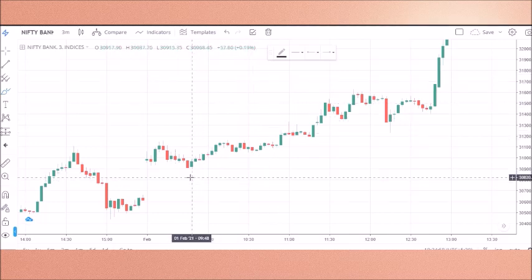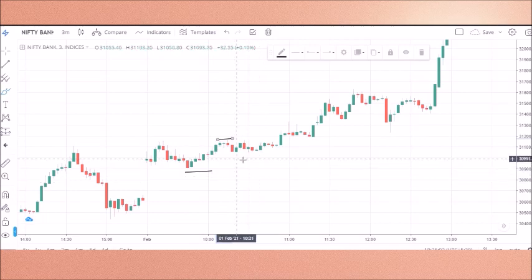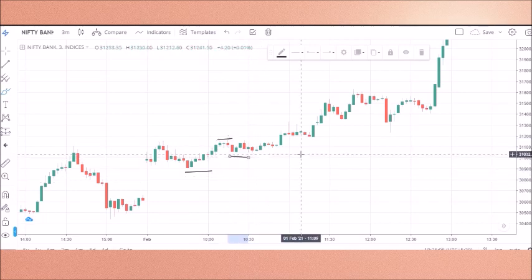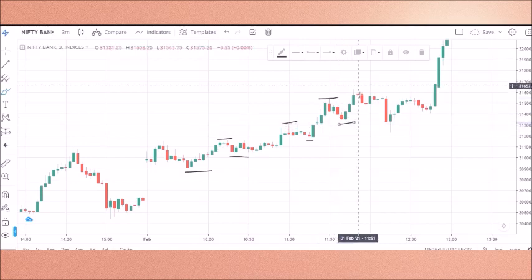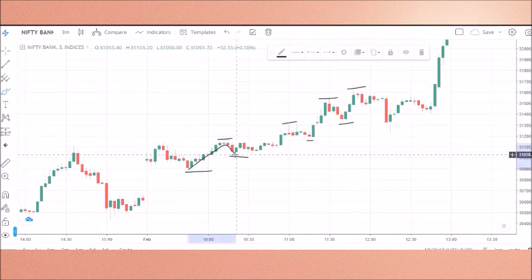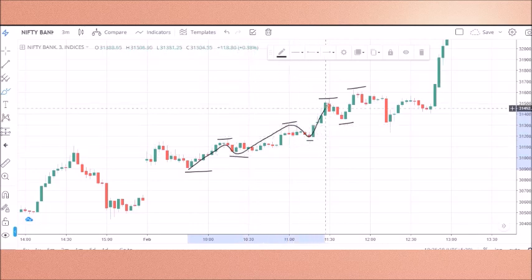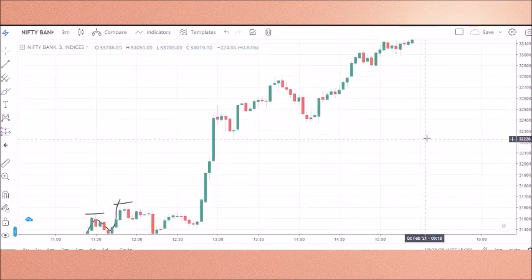See here, you have low, high, higher low, higher high, again higher low, higher high, again higher low, higher high. So this is a clear example of an uptrend. Like this, just go on analyzing.